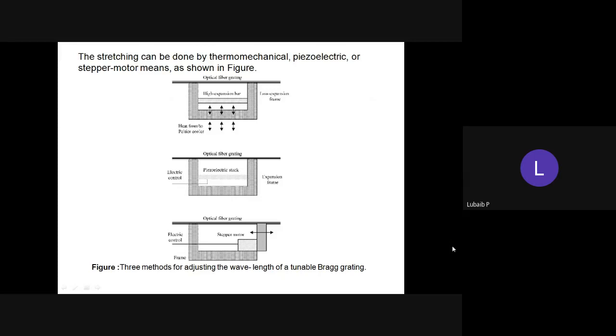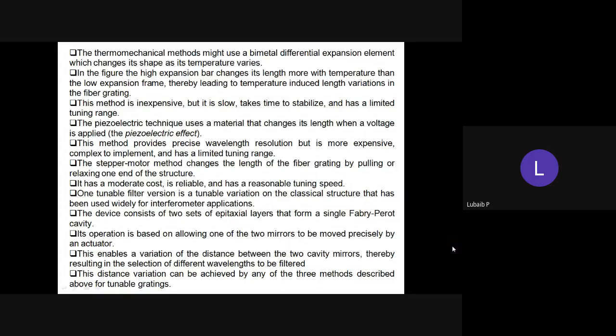Using that heat, the high expansion bar may extend or change its shape, or its length may change. That is, as the temperature increases, some expansion may occur. That is, the high expansion bar changes its length more with the temperature, thereby leading to the temperature-induced length variation in the fiber grating.